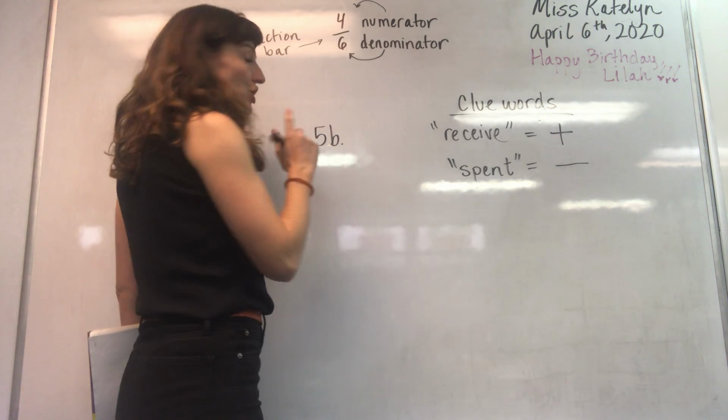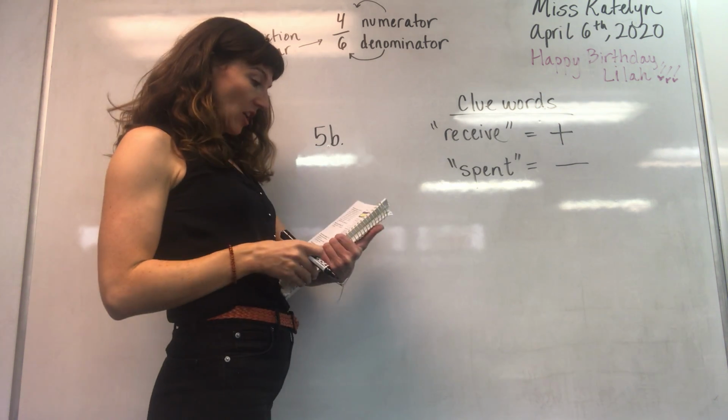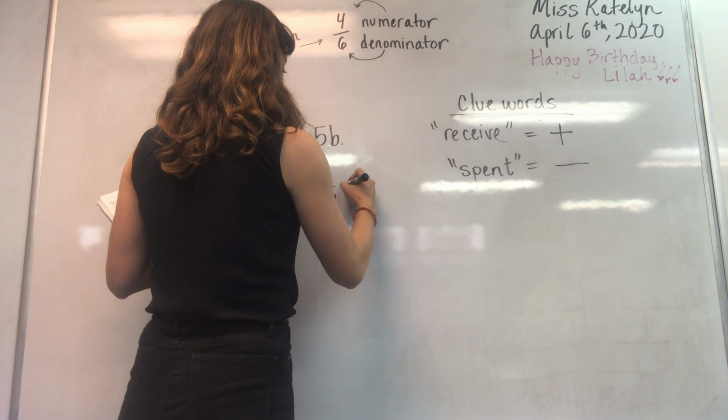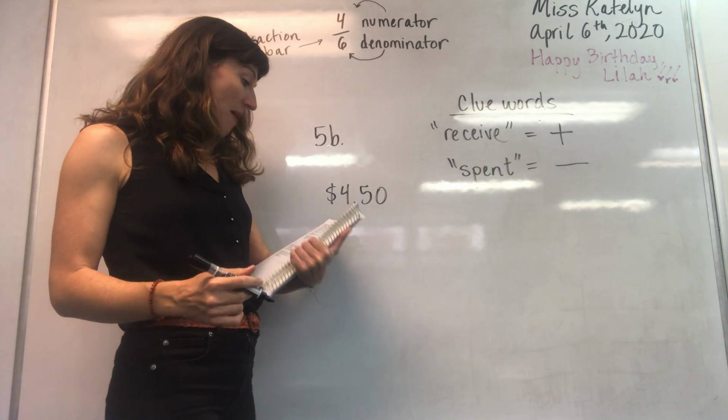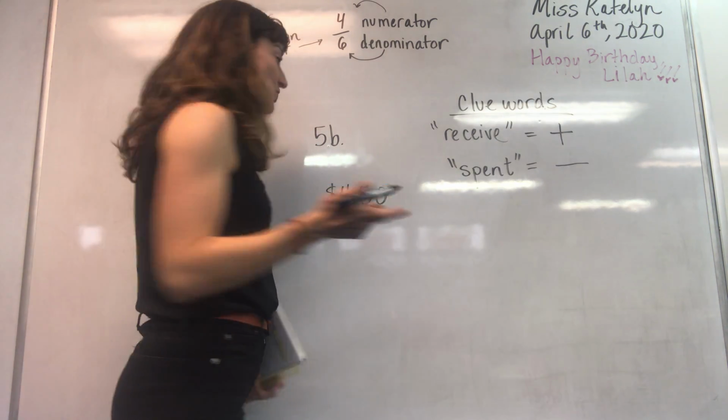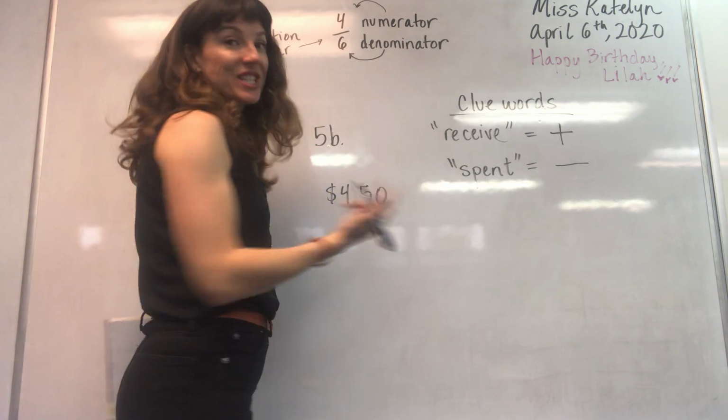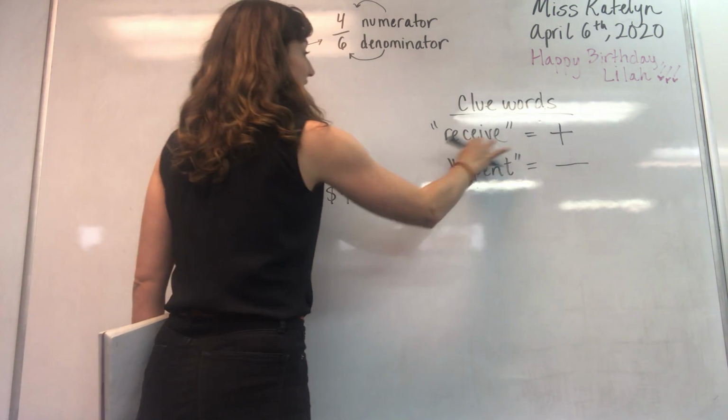So, she cared for her little brother and got $4.50, right? So she received that. And then her grandmother sent her money too. So we add, she also received money from her grandmother, and receive means add.